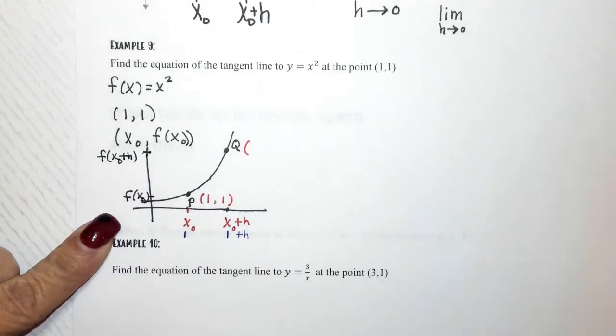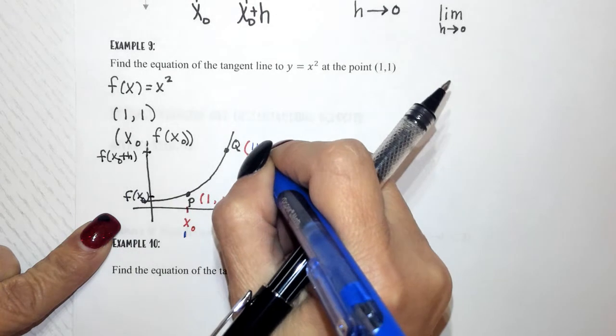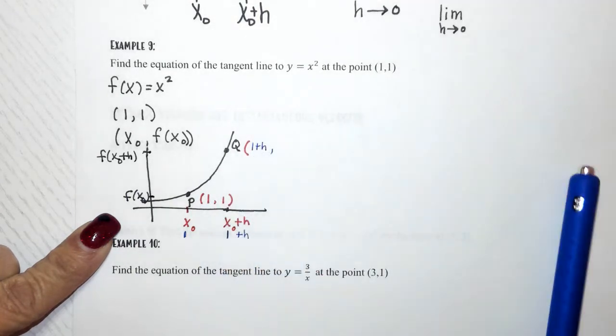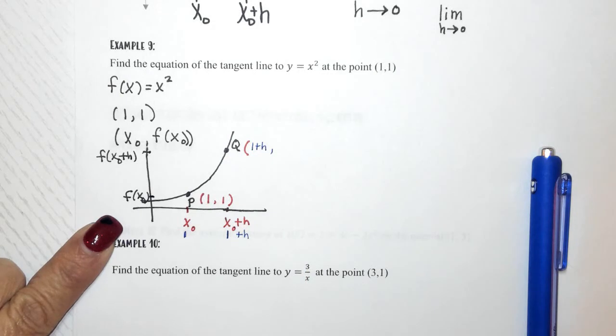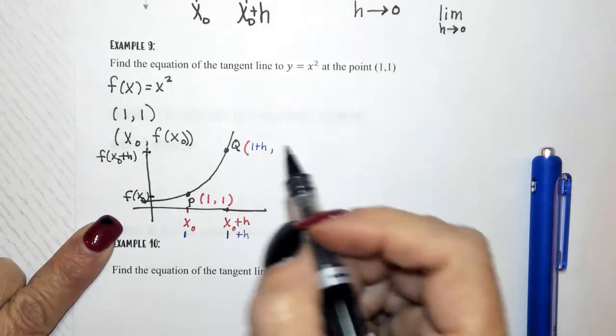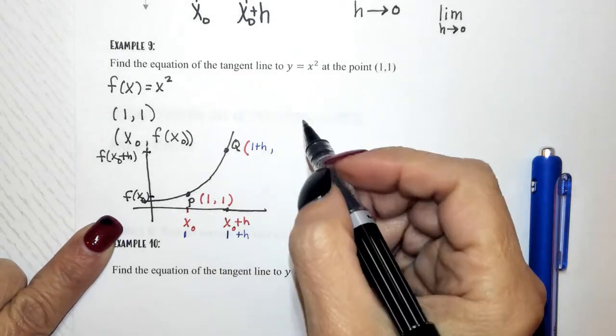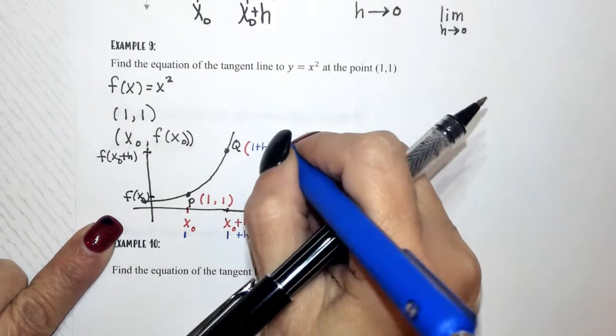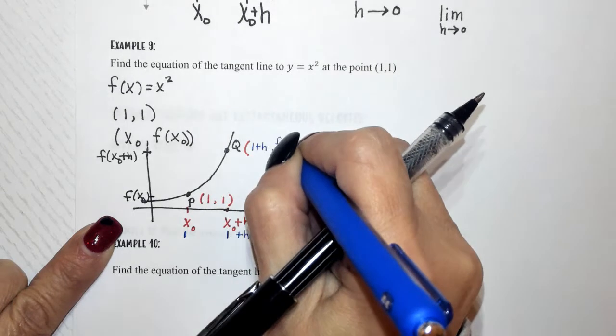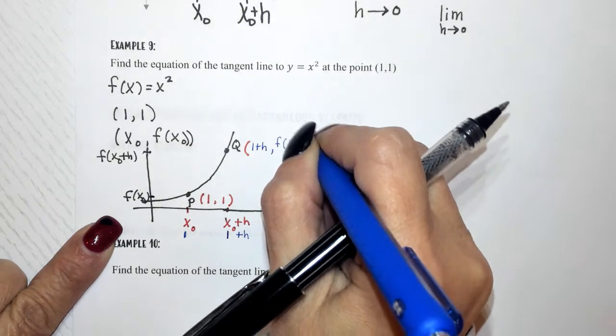So over here I would have 1 plus h, and then I would have f of 1 plus h.